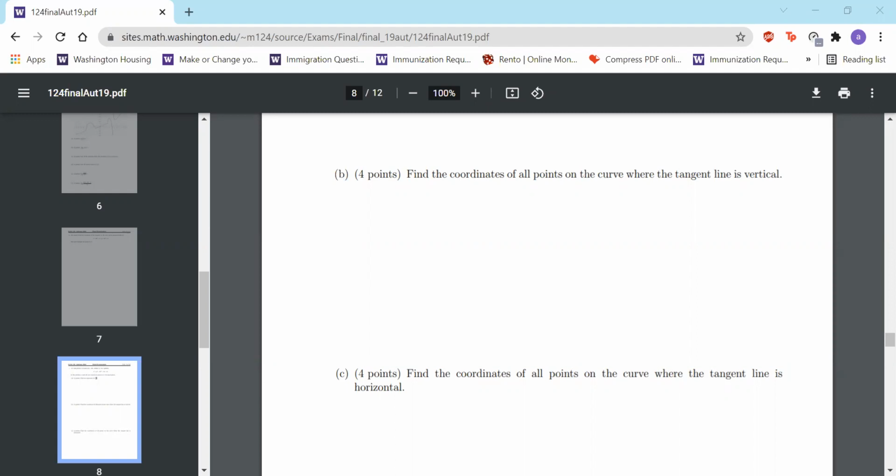Part C is a horizontal tangent line, so set dy/dx equal to 0, which is the same as the numerator being 0. Then you find the value. For part B, they're asking for a vertical tangent line, so this means when the denominator is 0. Does this make more sense to you?